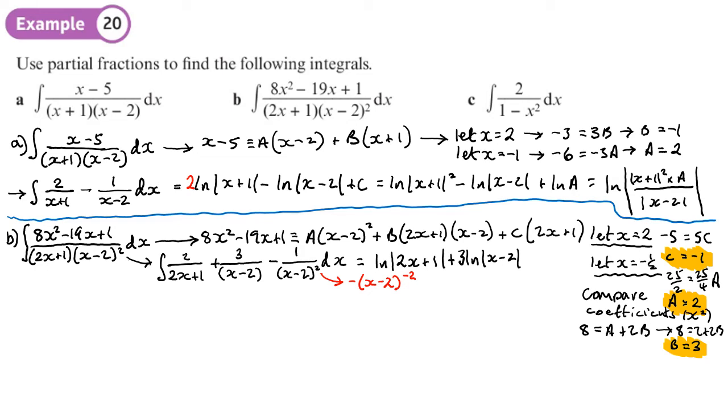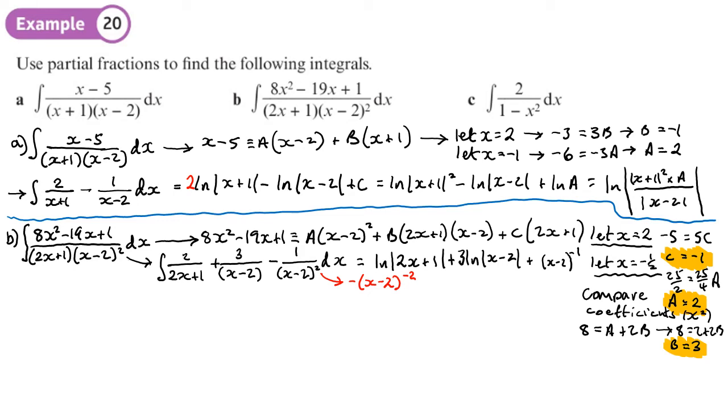Adding 1 to the power, that power becomes negative 1. We divide by negative 1, which actually then makes that a plus, so x minus 2, and then we multiply by the inside of the bracket differentiated, which is 1. So there we go. We could write that as 1 over x minus 2.